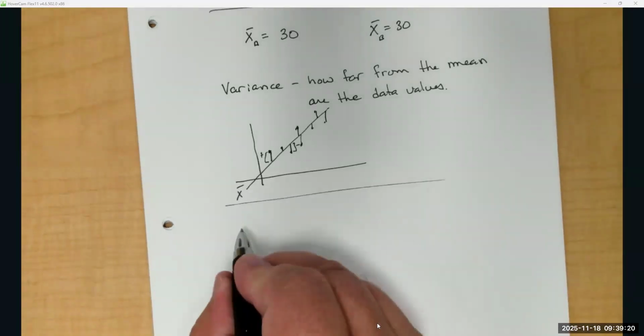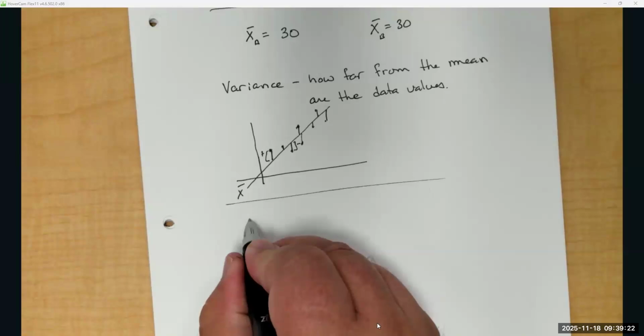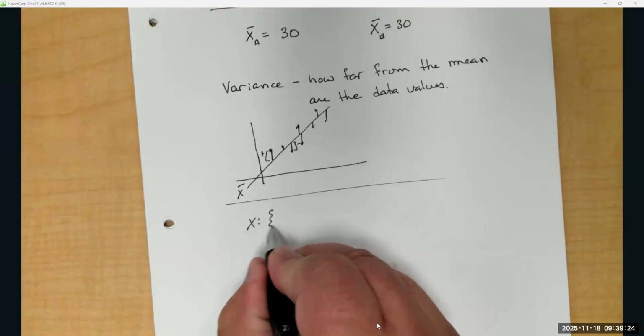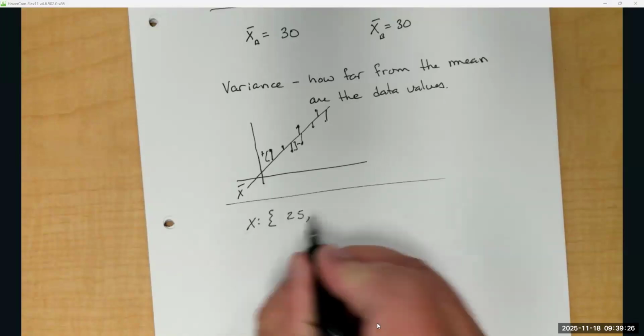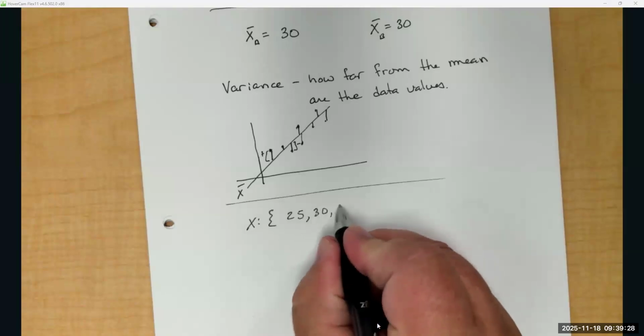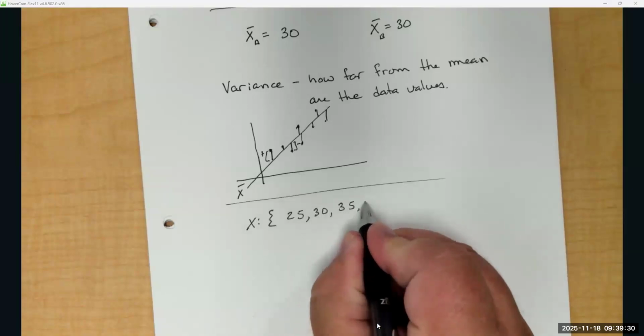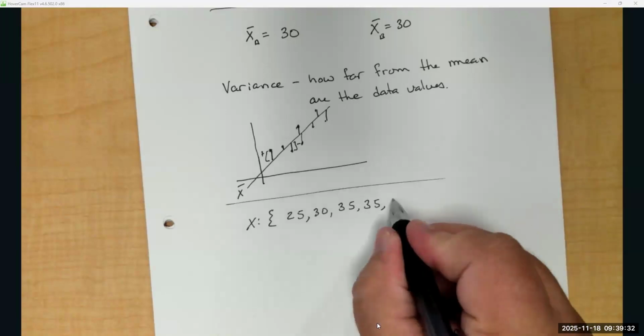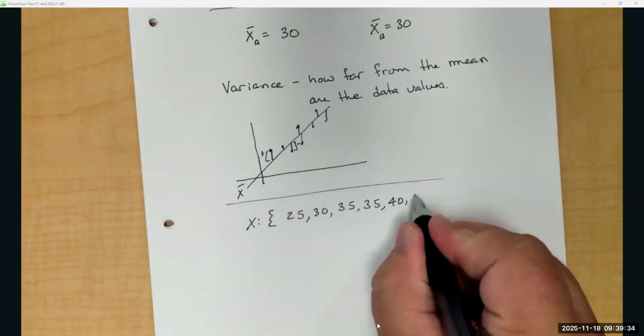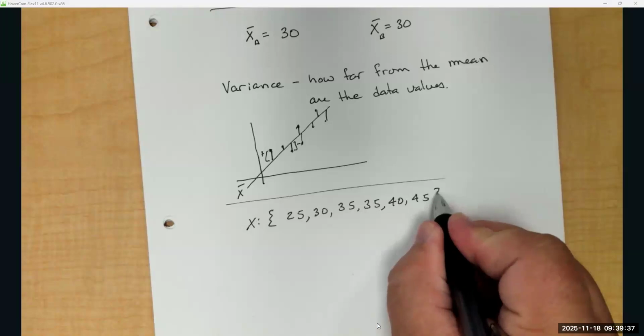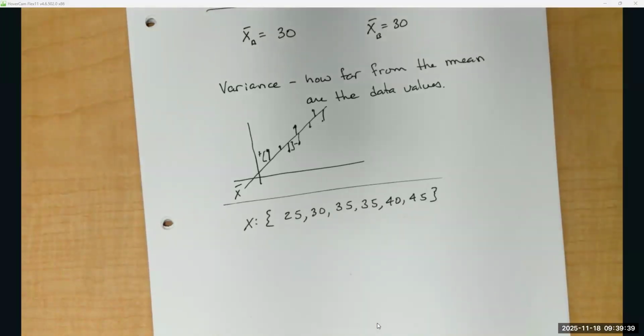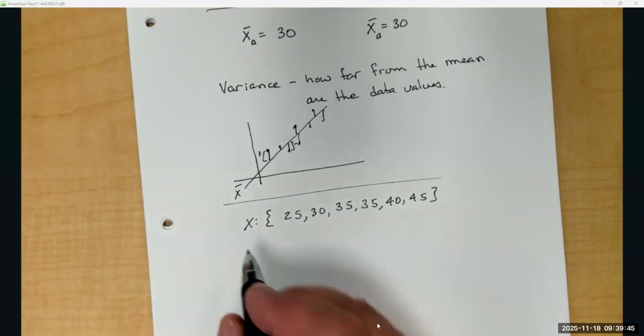So let's look at this example. Our data set is 25, 30, 35, 35, 40, 45. So what's the average of this data set?